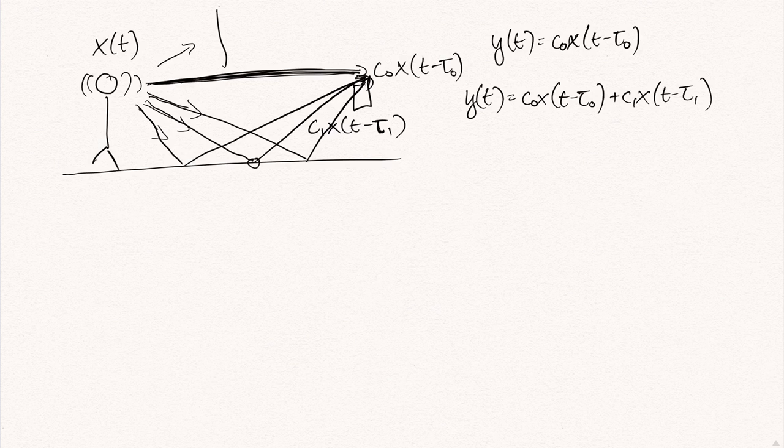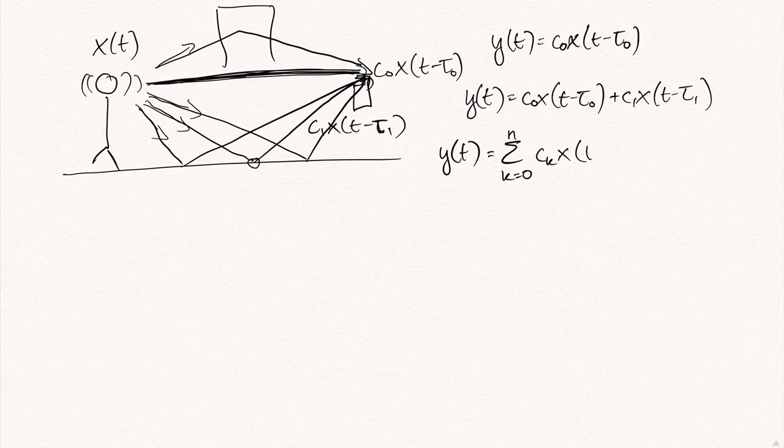And maybe this one will hit a building over here, like this, and also reach the cell phone. This means that our output signal, y of t, can be written as a sum of different components with time delays tau k, and constant dampening factors c k.